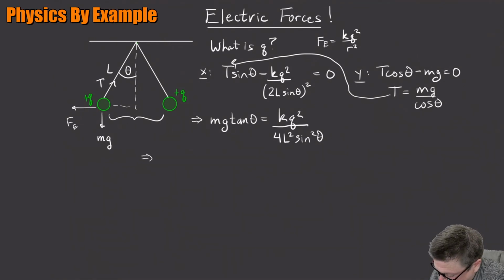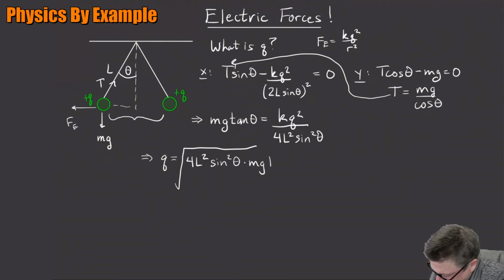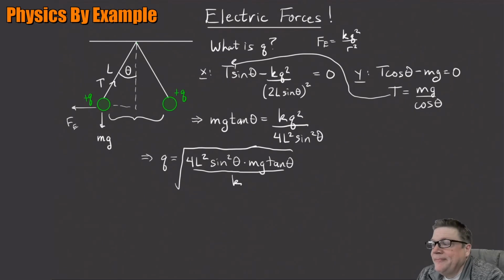So the charge on these things is just going to be the square root of a big mess. It's going to be 4L squared sine squared theta times mg tangent theta divided by k.